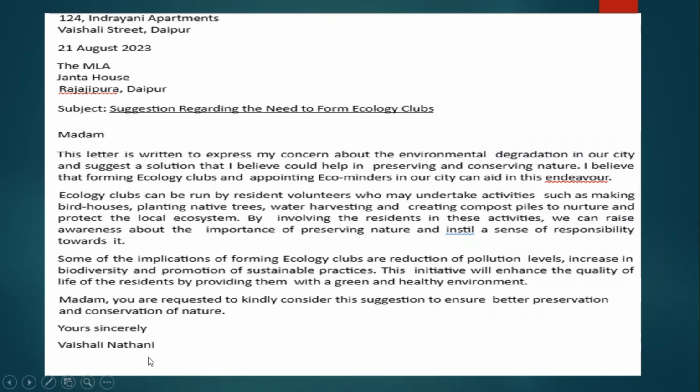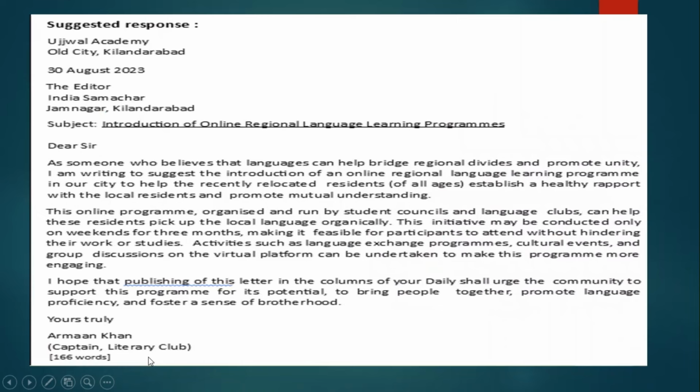So coming to the next example, now this is a letter to the editor. Now this may also be one of the compulsory options that are given in the formal letter writing. Now editor is a person who edits a newspaper. So all the news is collected by the reporters and it is put in the newspaper. Editor is a person who decides which news will get which space and how the news is to be edited.